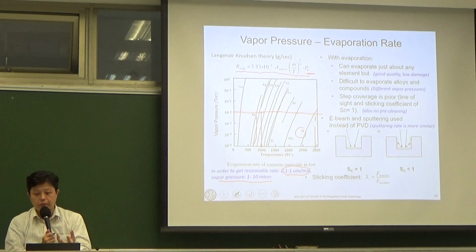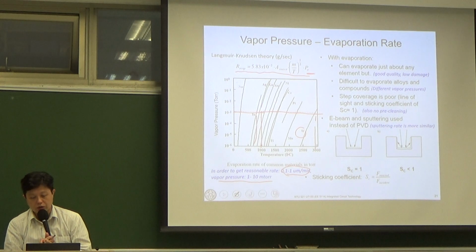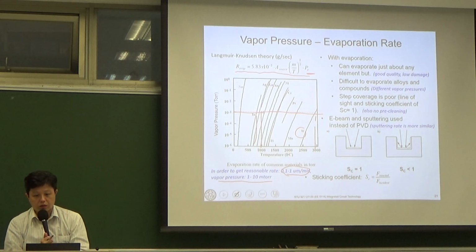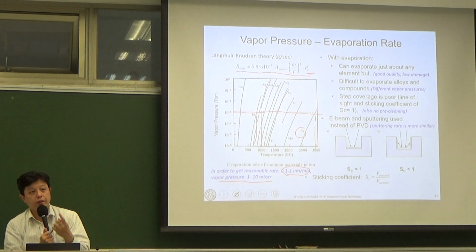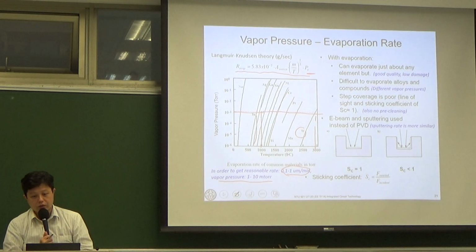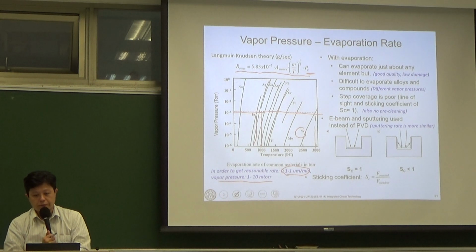Otherwise, if you try to evaporate this alloy in a single crucible or tungsten boat, at certain temperatures only one element begins to evaporate. You have to increase to even higher temperatures to get both elements to evaporate, but at that time they will have different vapor pressures, so the evaporation rates will be different. So it's quite difficult to evaporate an alloy.